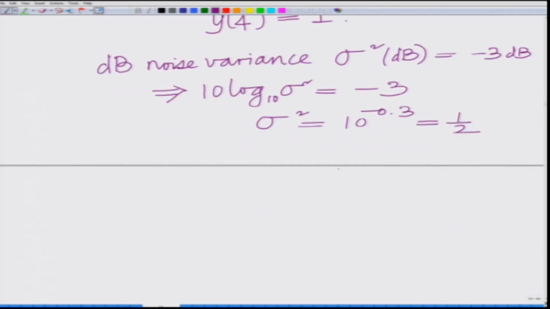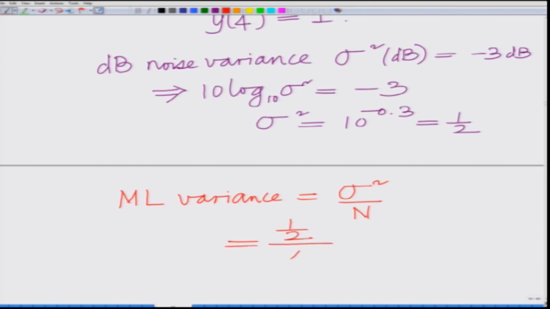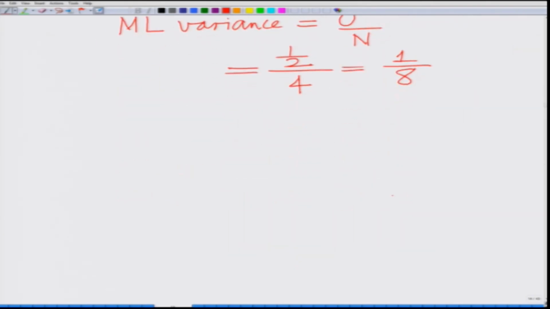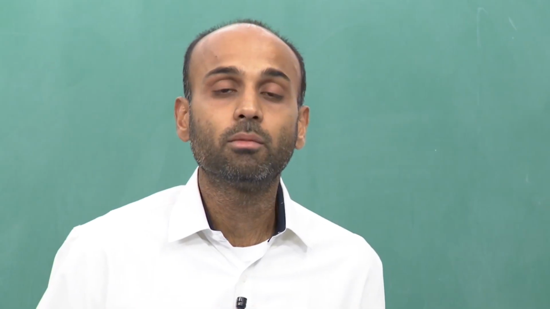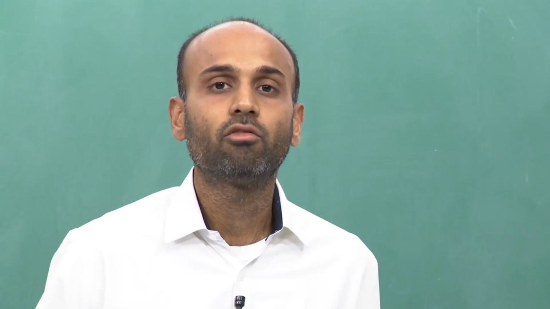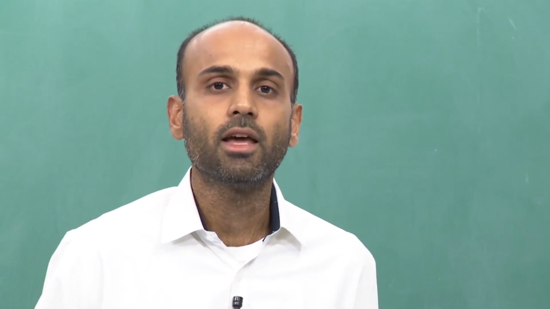And therefore, remember the ML variance equals sigma square divided by n, that is half divided by n equal to 4, that is 1 divided by 8. That is the ML variance.